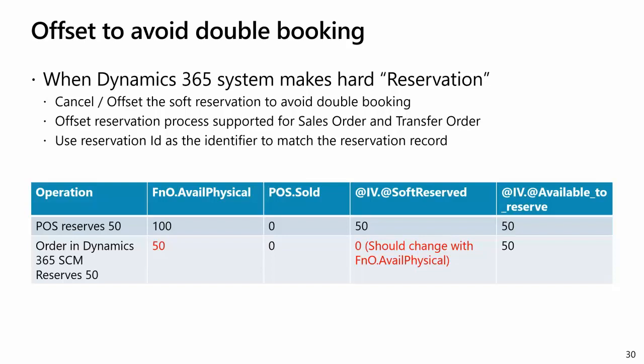To offset the item, we need to specify the soft reserve ID introduced previously. By specifying the soft reservation ID inside the sales order line inside Dynamics 365 supply chain management, when there is an actual risk of double booking, Dynamics 365 supply chain management will include an offset request in the same API call of updating inventory quantities, and thereby avoid the risk of double booking.